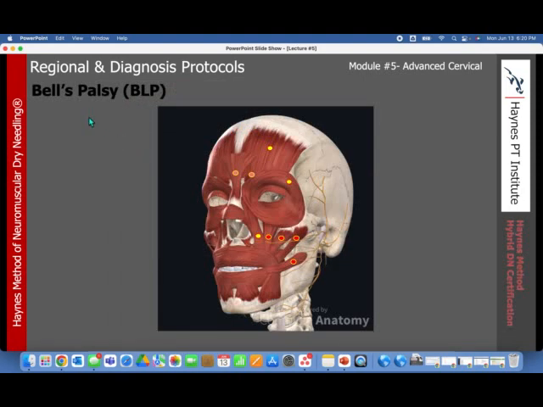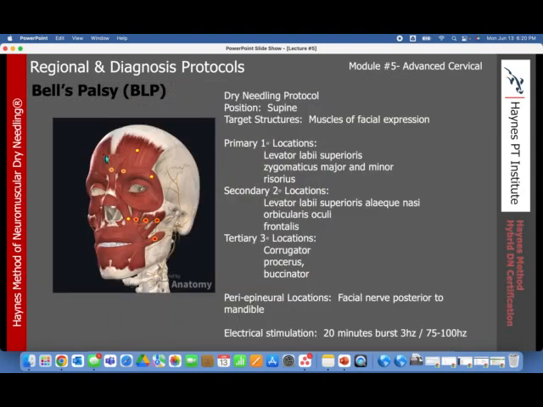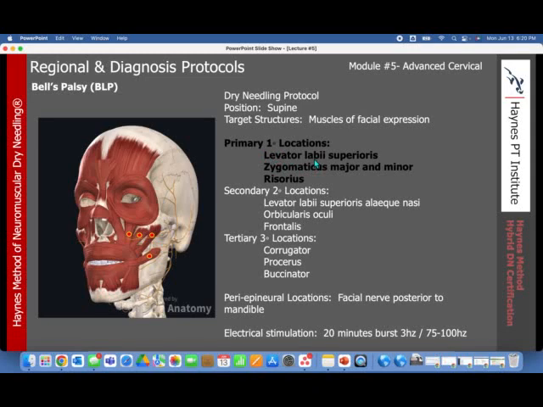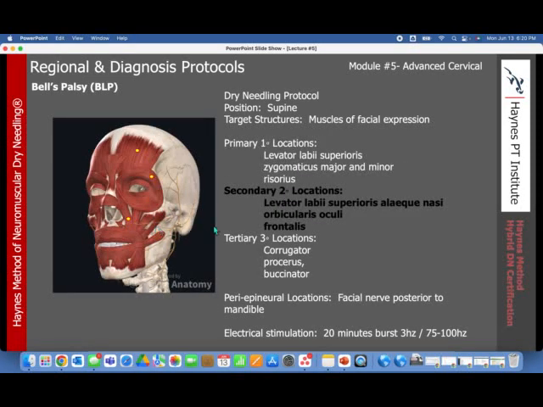For Bell's palsy, we will look first at our primary locations, which are going to be the levator labii superioris, the zygomaticus minor and major, and the risorius. Second, we're going to come in and we will have the levator labii superioris alaeque nasi here, the orbicularis oculi, and the frontalis.